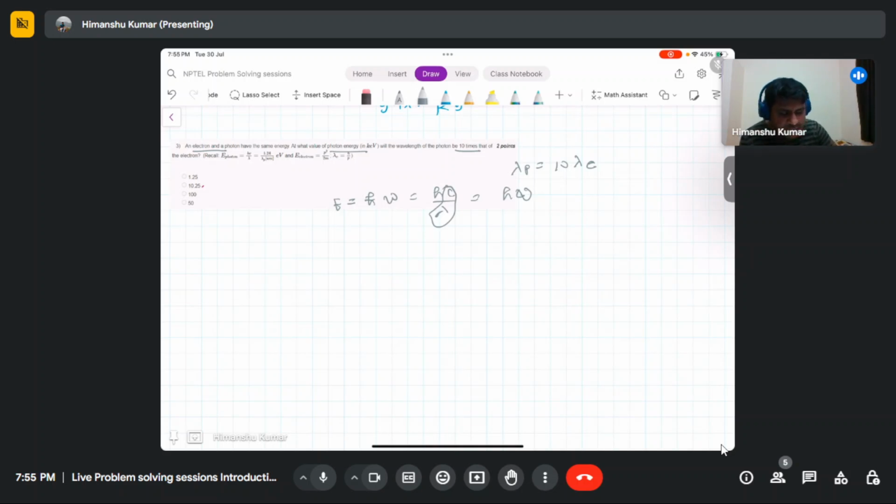Then c by lambda is your frequency. So from that you can calculate the energy of the photon, and the energy of the electron, this is matter.